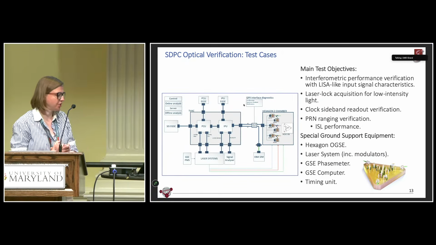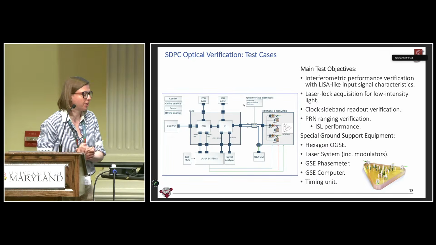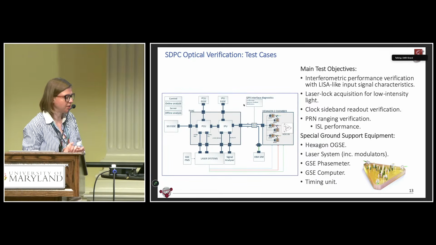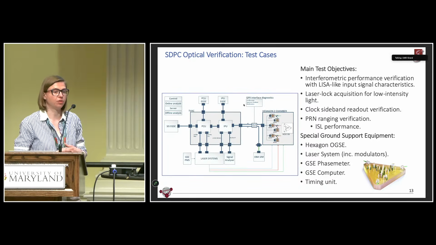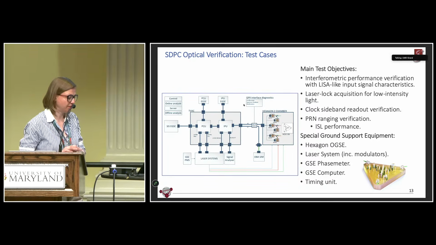And this is just a summary of the optical verification of the signal detection processing chain. As I said, the first is the 3 interferometric performance, to measure the noise floor of the readout system, then clock sideband verification, and PRN ranging verification that includes the inter-satellite data link that we imprint on the PRN code, as well as the very important laser lock acquisition for very low light levels.